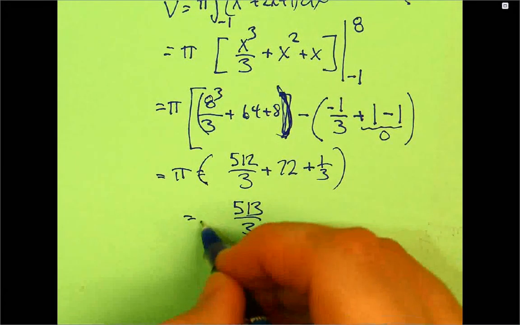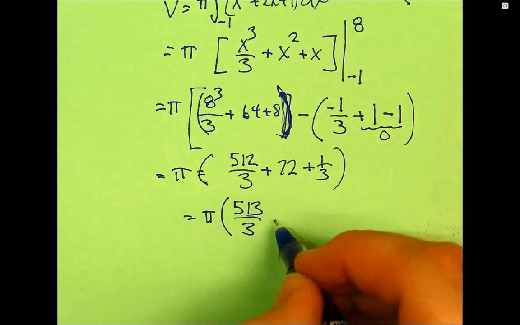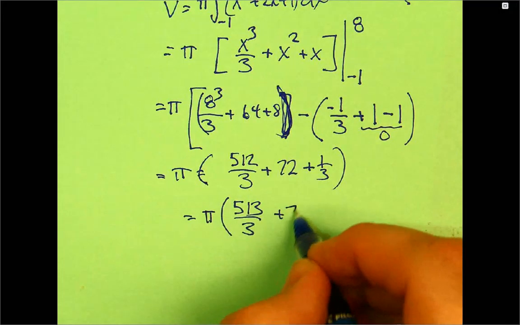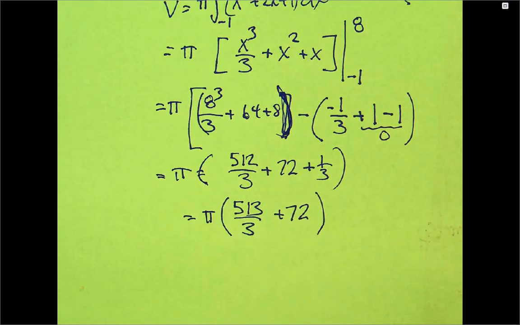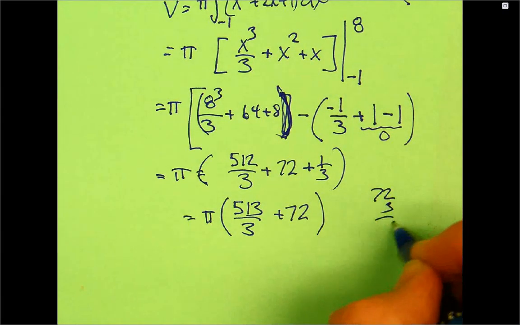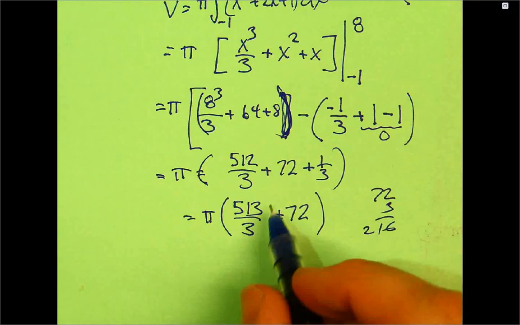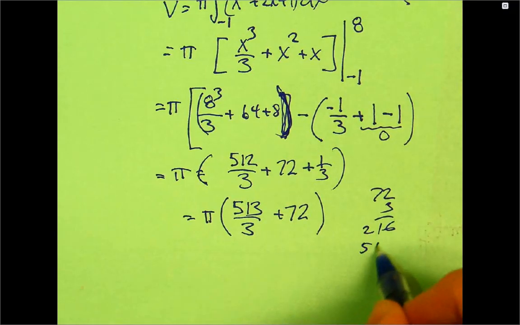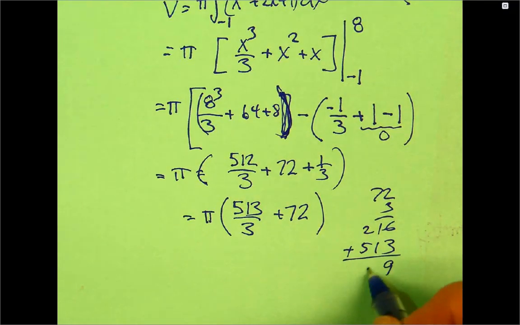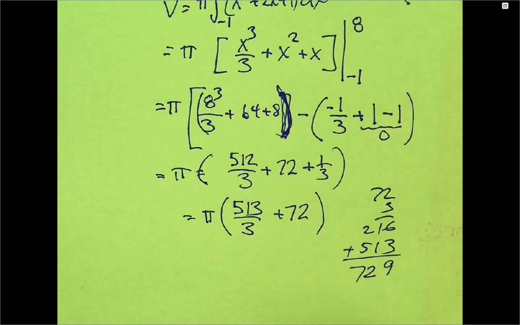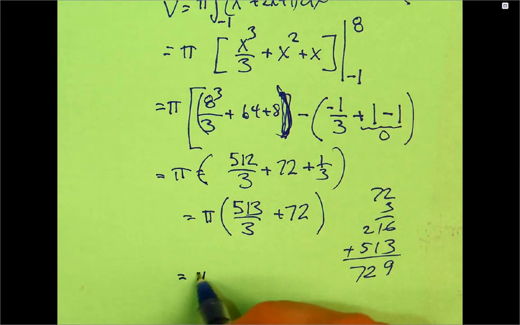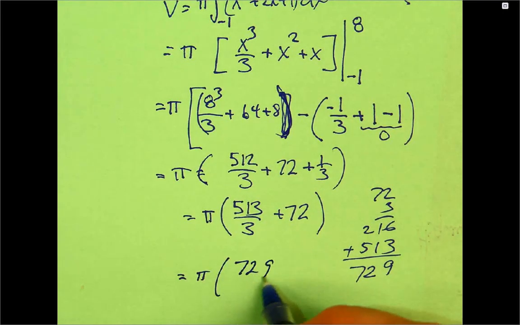So it's still pi times 513 thirds plus 72. 72 times 3, 6, 216. So 513, add those, 9, 2, 7. Oh, that seems kind of nice. 729 over 3.